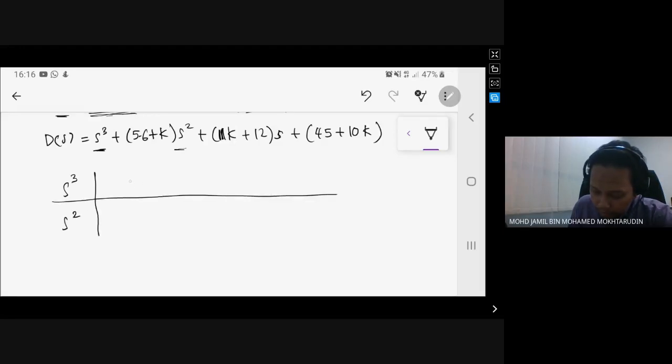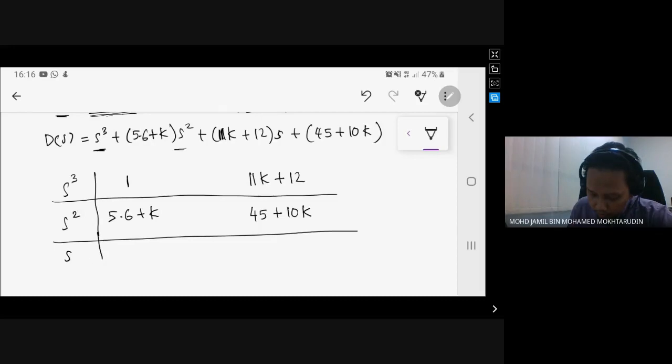So you fill the box alternatively: 1, 5.6 plus K, 11K plus 12, and 45 plus 10K. And then you calculate for row s1.